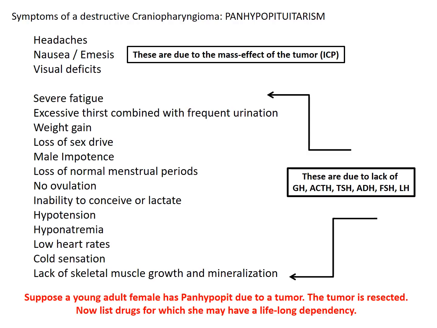That tumor was resected, so we got rid of the tumor, but now she's got pituitary dysfunction post-operative. What types of hormones may she have a long-term dependency on, because now she's unable to make those anterior and posterior pituitary hormones? It's a really, really interesting phenomenon, isn't it, when somebody loses a pituitary gland?